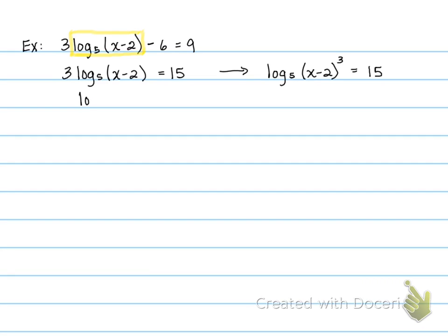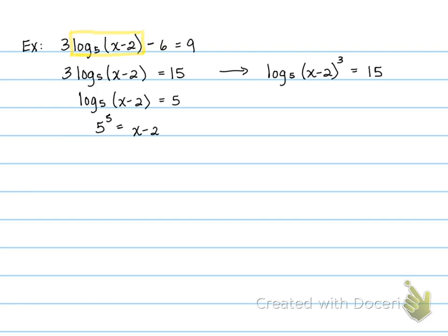So we'll go log base 5 of x minus 2 equals 5. And so now we're ready to write this in exponential form. So we're just saying that, okay, if you take my base, which is 5, and you raise it to the exponent, which is 5, that should give you x minus 2.